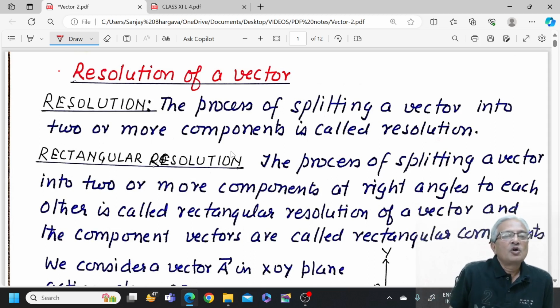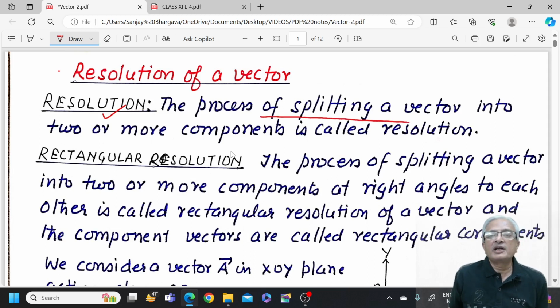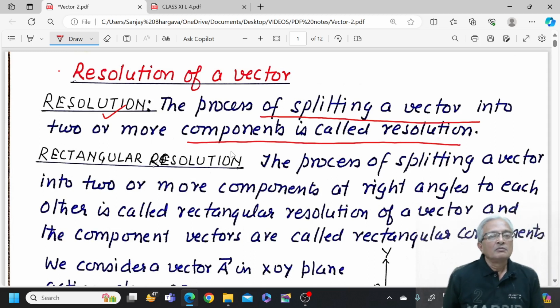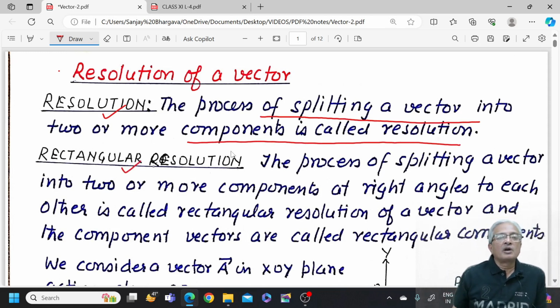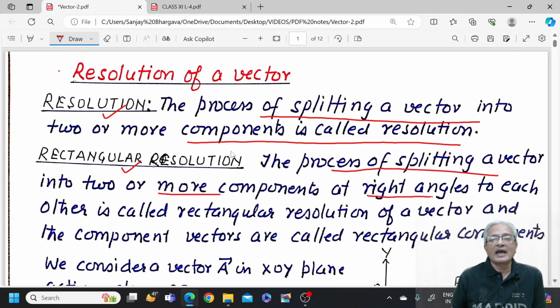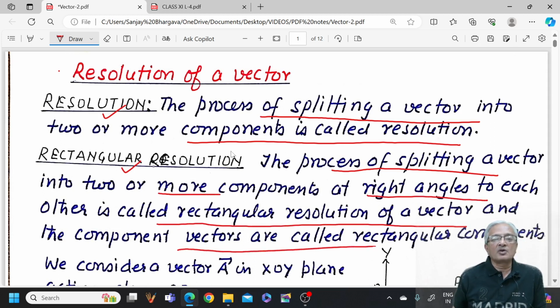Now the question is, what is resolution? The process of splitting a vector into two or more components is called resolution. Then we come across another term, rectangular resolution. The process of splitting a vector into two or more components at right angles to each other is called rectangular resolution of a vector, and the component vectors are called rectangular components.